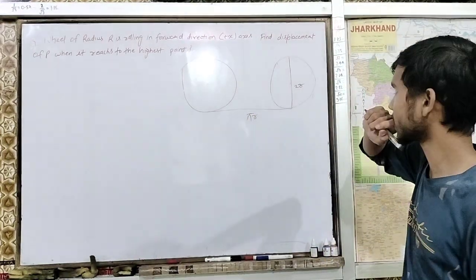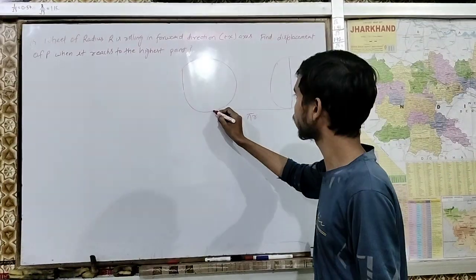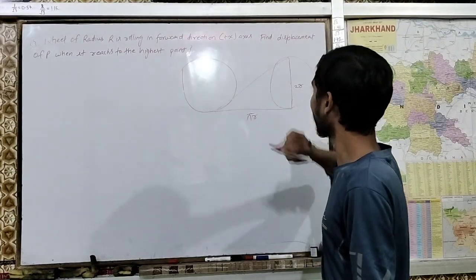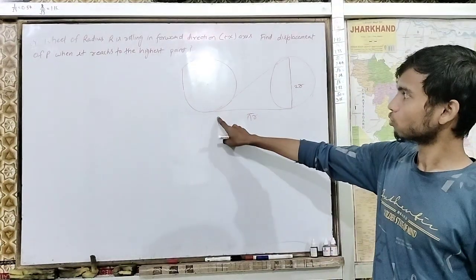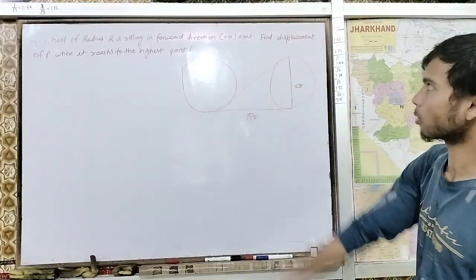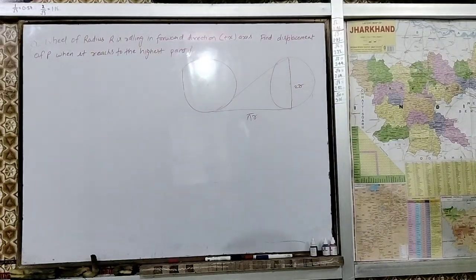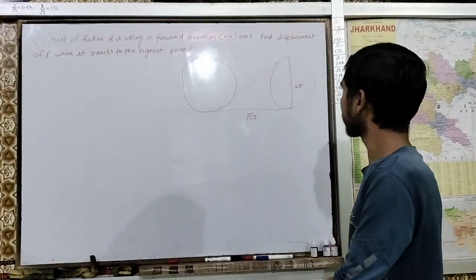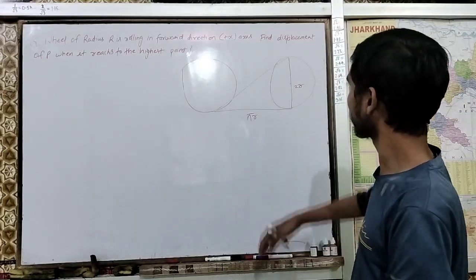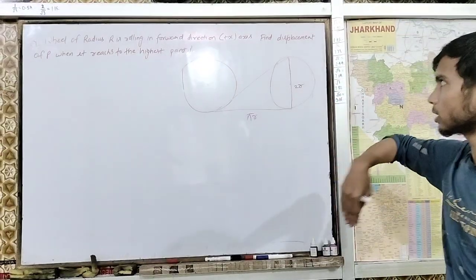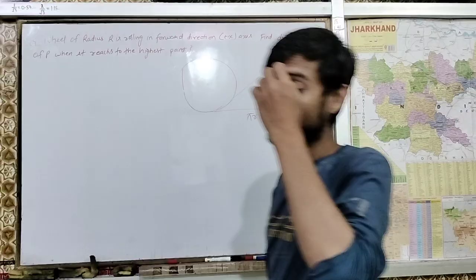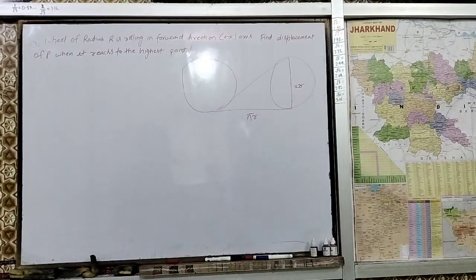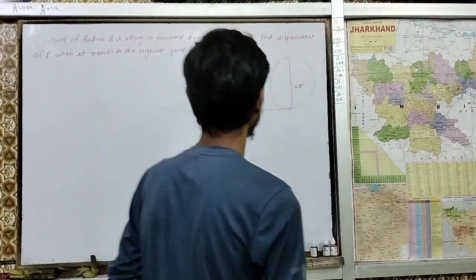This is also a center. So from here until the highest point, where this diameter is 2r, the diameter is also given.